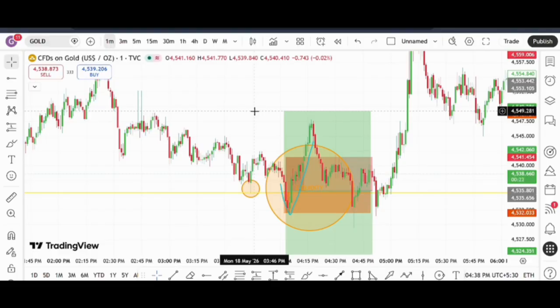Okay, now let's understand why most retail traders lose money. The simple answer is, most beginners enter late or chase breakouts, place obvious stop losses and trade emotionally. Okay, and smart money understands exactly where retail traders place their orders.